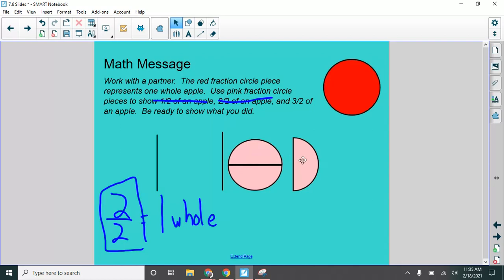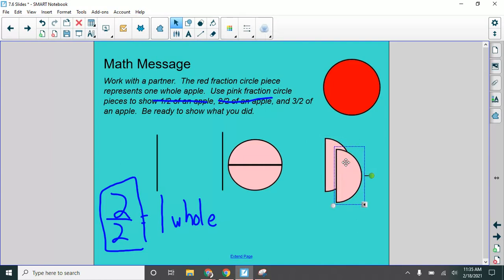So this is 3/2. And just for fun, watch this. What if I had 4/2? Here, I can get another half here. I have 4/2. Look at this. How many whole pizzas do I have now? 2 of them, right? I have 2 whole pizzas now. So 4/2 is 2 wholes.